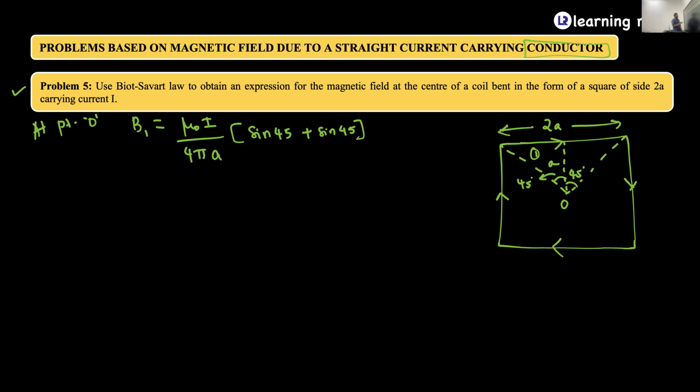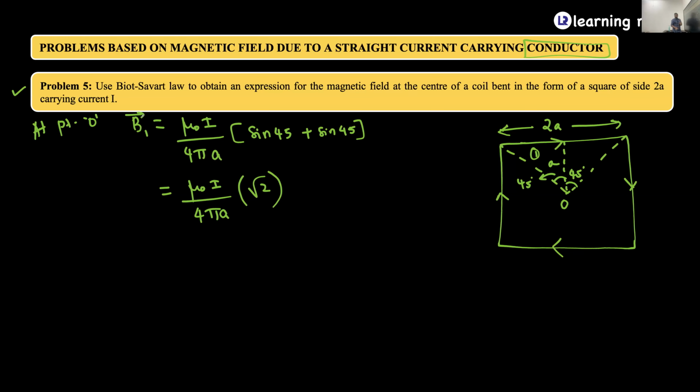So how much is the answer going to be? It will be mu naught I divided by 4 pi A into sine 45, which is 1 by root 2, plus another sine 45, which is 1 by root 2. We get 2 by root 2, which is root 2 itself. So this is going to be the magnitude of the field. Since they didn't mention the direction in this problem, just to have clarity, I took the direction to be clockwise.